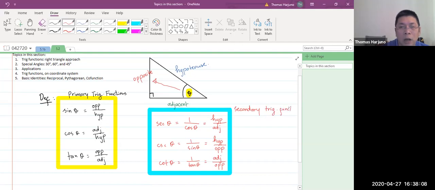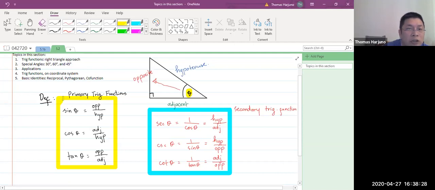Now, there are a couple of reasons why I separate the trig functions into the primary and the secondary functions. Because when we need to do trigonometry, most of the discussion is actually on sine, cosine, tangent. That's one.